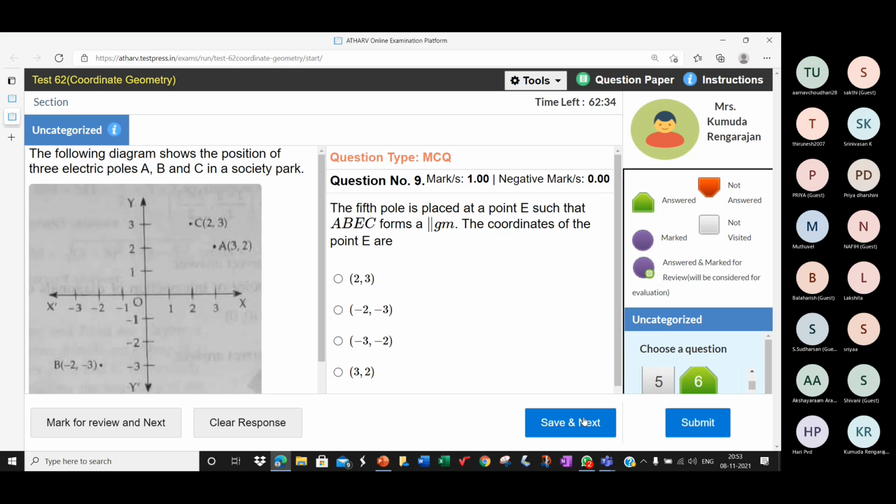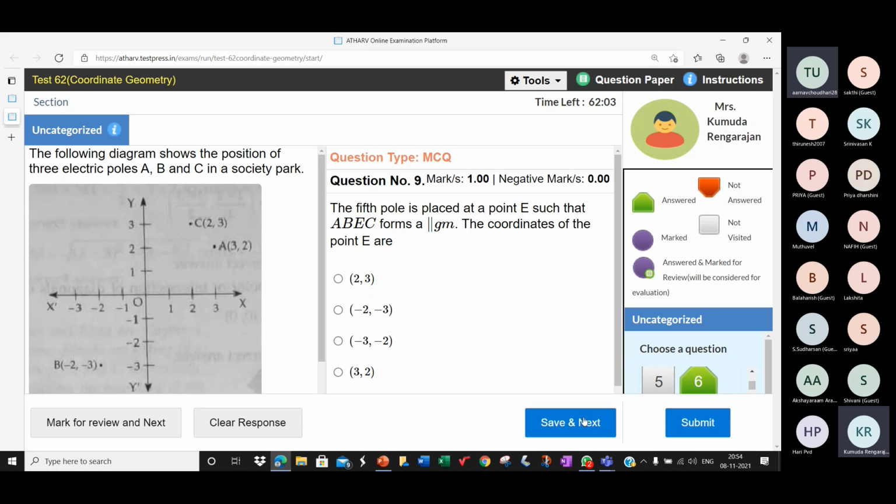No. ABEC is a parallelogram, children. So how do we find the coordinates of the unknown vertex? Use the midpoint formula, find the midpoints of the diagonals, and equate them.